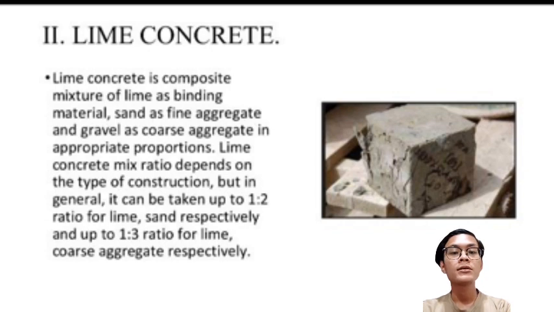Lime concrete mix ratio depends on the type of construction, but in general, it can be taken up to 1:2 ratio for lime and sand respectively, and up to 1:3 ratio for lime and coarse aggregate respectively.